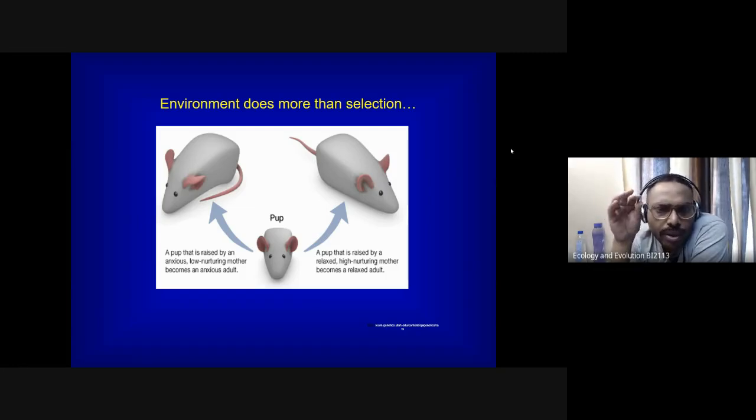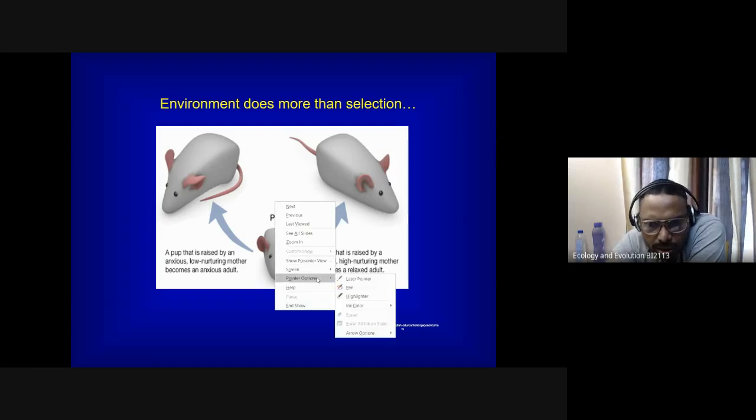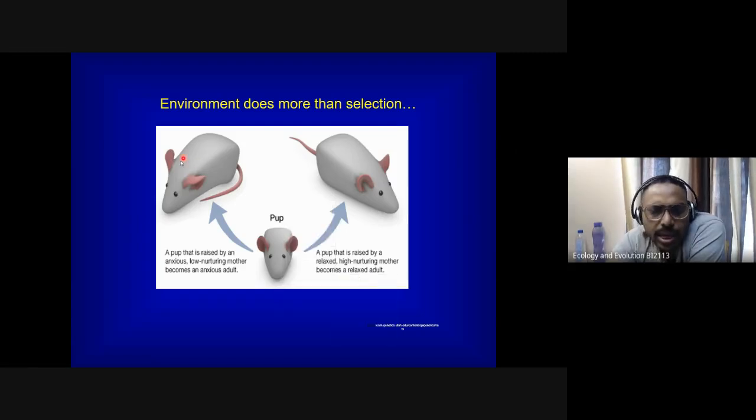So if the mother is, say, a low licking grooming kind of mother, then the baby ends up becoming an anxious adult. If you take such rats and, for example, leave them in a new arena, normal rats will go and explore the entire arena.